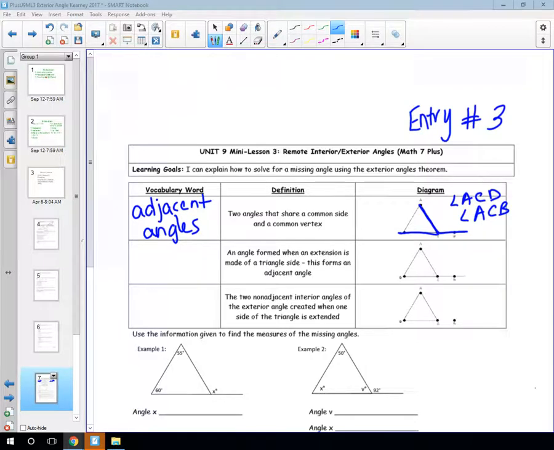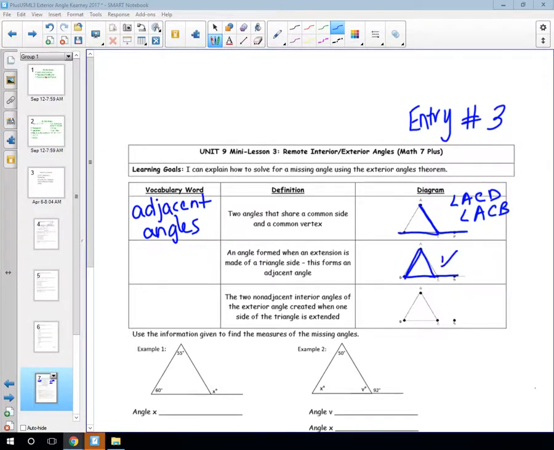So if you look at the picture that I have drawn there, you see that there are a couple of different things going on. First, you see a triangle. And then it looks like the base of the triangle has been extended. What has happened is there's an angle that has been formed when an extension is made of a triangle. This forms an adjacent angle. So basically we had a triangle, and then we extended one side.